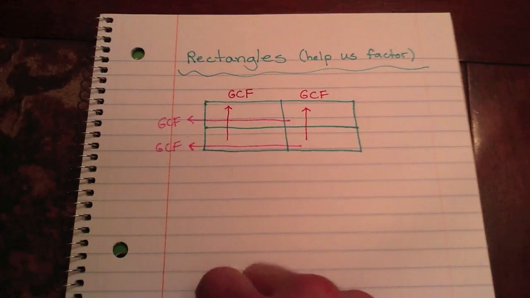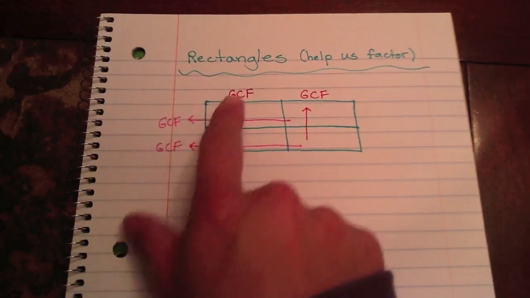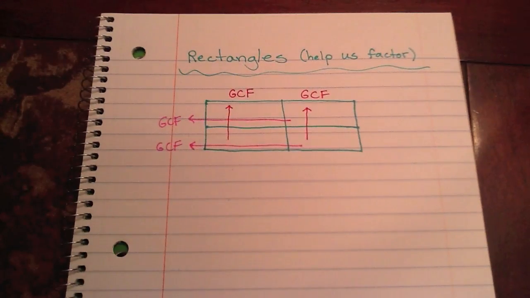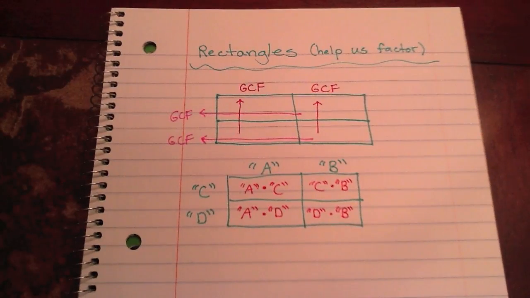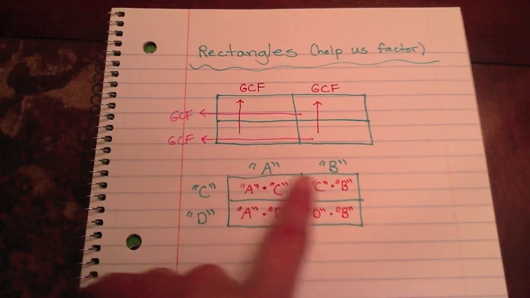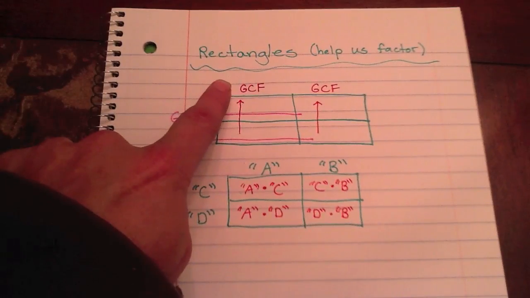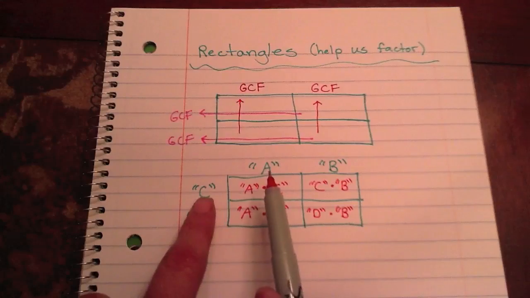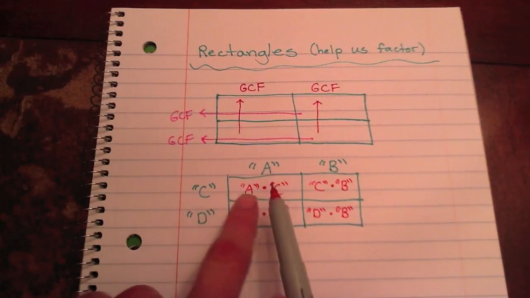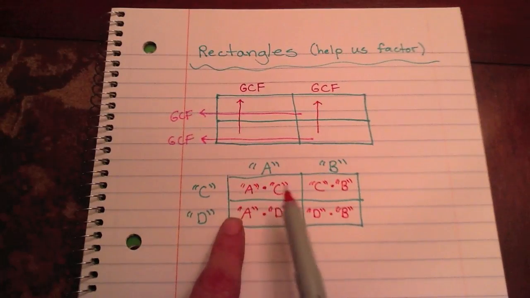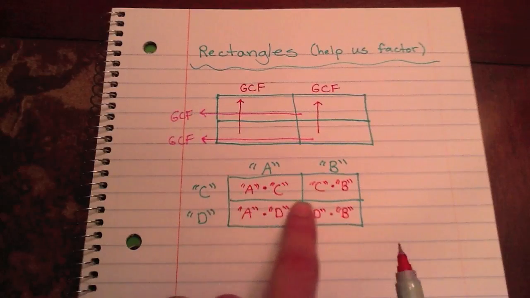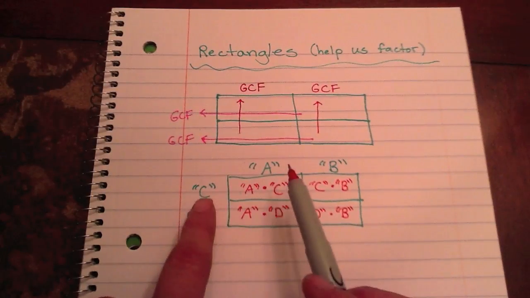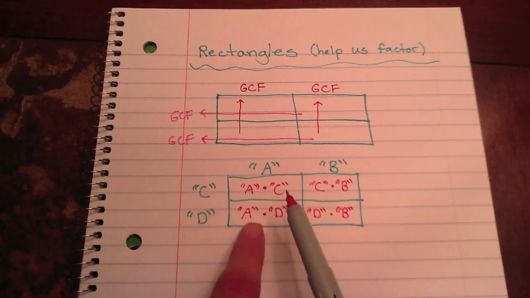The other way to look at it, if we reversed it and had numbers on the outside, is what I'm going to show you next. This is the other type of rectangle you'll have. You'll have numbers given to you on the outside here, your greatest common factors, and what you're going to do is multiply these two that line up with each box to get your answer. So C goes across here, A comes down, A times C goes in this box.